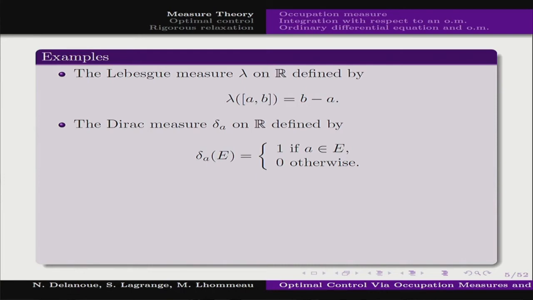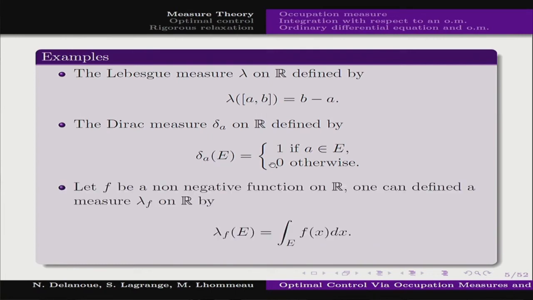It's really a measure because it assigns to a set a non-negative number. And the last example, before I introduce the special measure according to an ordinary differential equation: if you have a function f, maybe a non-negative function, you can, for each set, compute the mass of this set with respect to this measure, which is only the integral of f on this set.